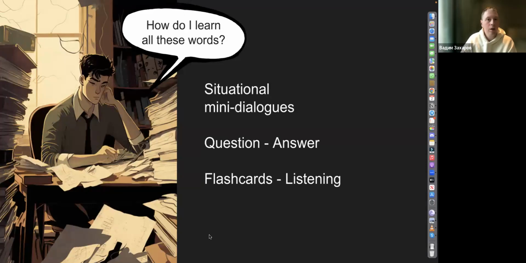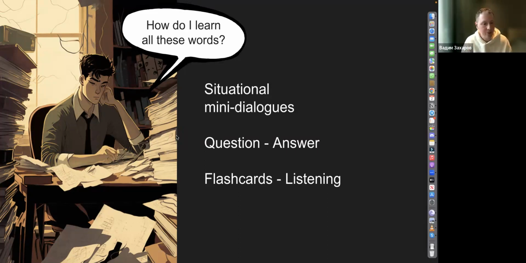Now we're speaking about how you learn all these words, and how you can use them. Like I've already said, you learn the core vocabulary. The core vocabulary I have already explained. It's the phrases that can actually help you get something done.